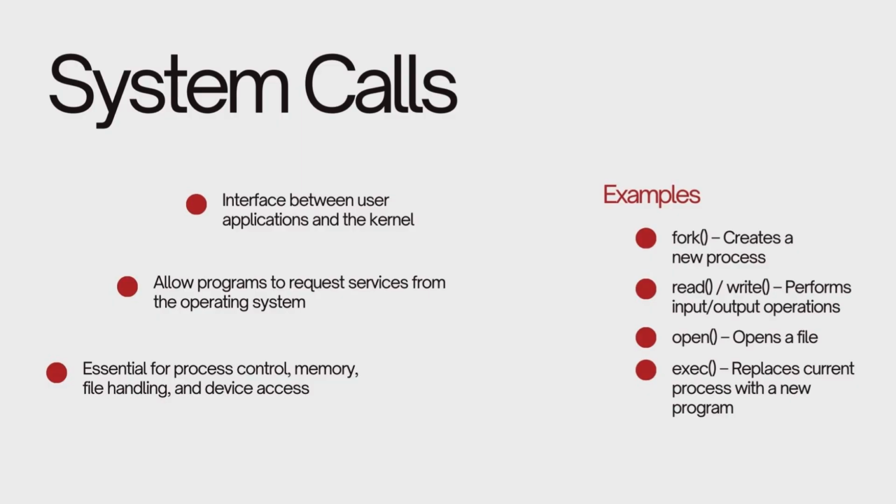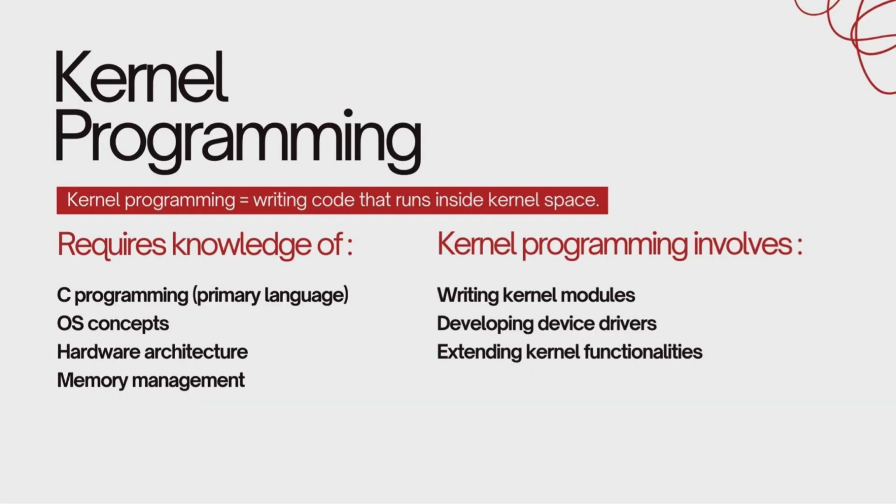For example, a program uses a system call like fork to create a new process, or the open function when it wants to open a file, and system calls like read and write when it needs to move data. The system calls make sure the kernel approves every important action.